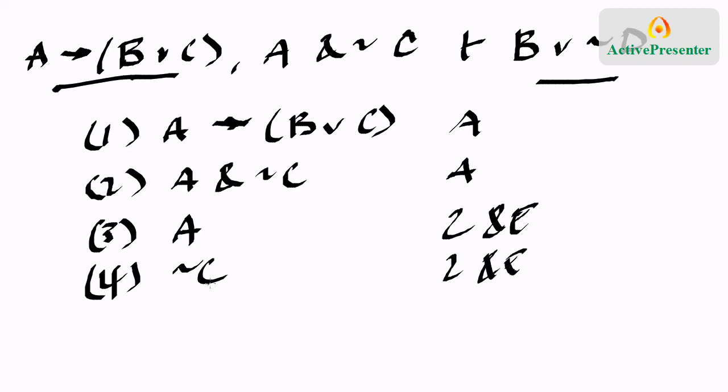So we have A and not C on their own lines. Then the next thing, okay, so we have A and if A, then B or C. So that's lines 1 and 3. We can do conditional elimination, that is arrow elimination, and get B or C.